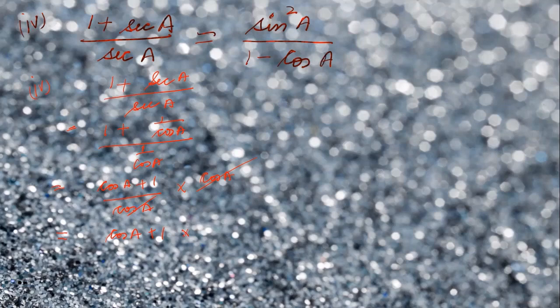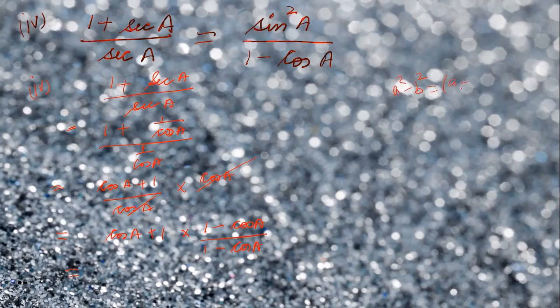So what you will be doing, multiply the numerator and denominator by 1 minus cos A. So you will be getting a plus b and a minus b, that is a square minus b square.